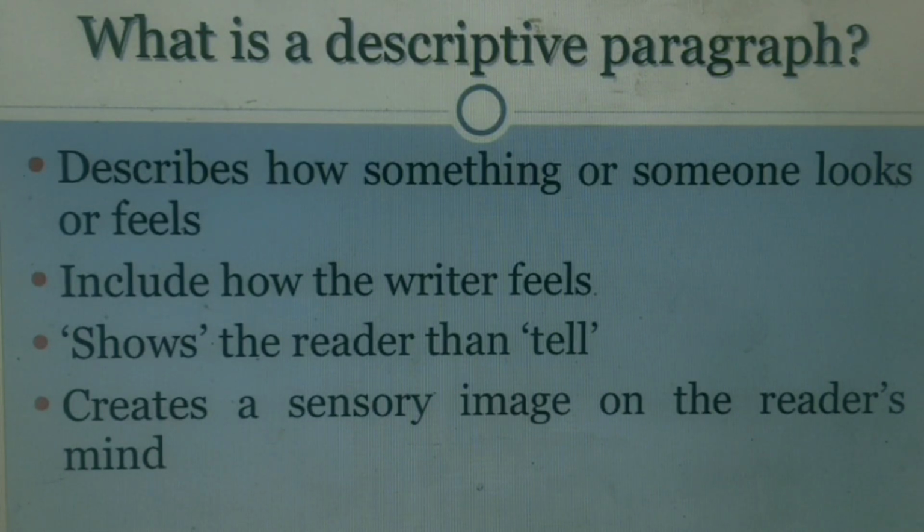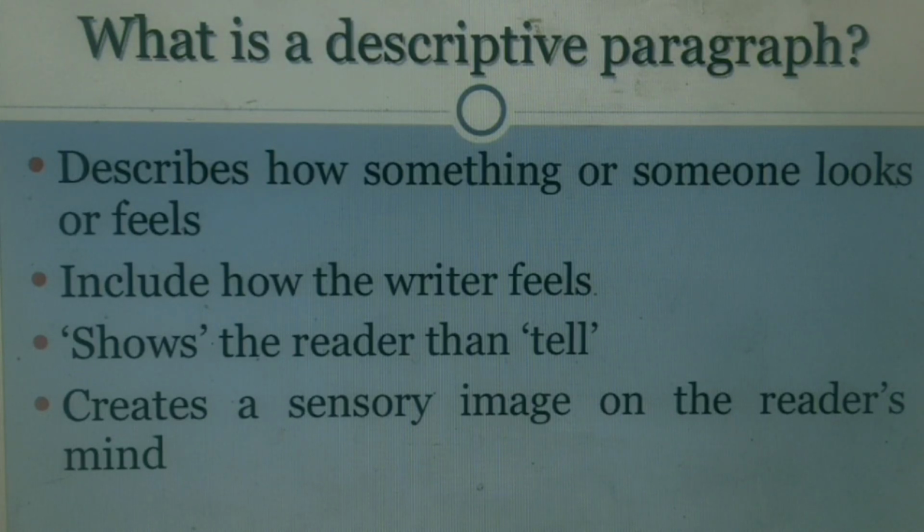So, a descriptive paragraph describes how something or someone looks or feels. Include how the writer feels. Show the reader rather than tell. Very important thing. You have to show the reader. Don't be only telling. Then create a sensory image in the reader's mind.